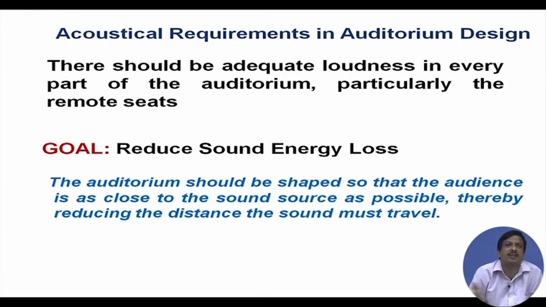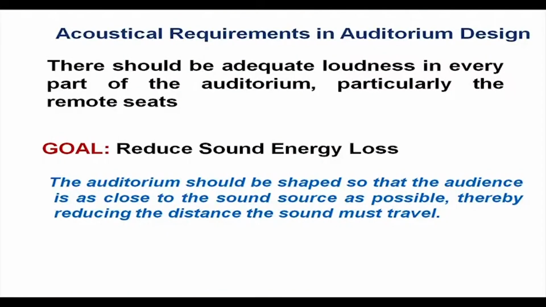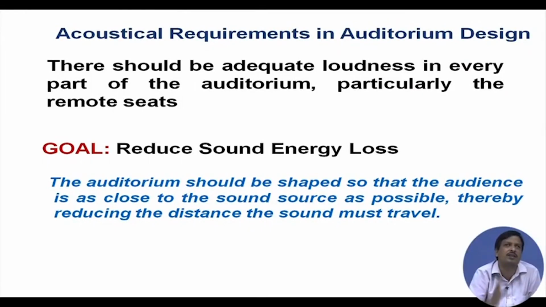Then the design will be very good. Adequate loudness means the sound level should not be reduced at the last seat. Adequate loudness should be provided at the last seat also, so that people there can also hear the sound.